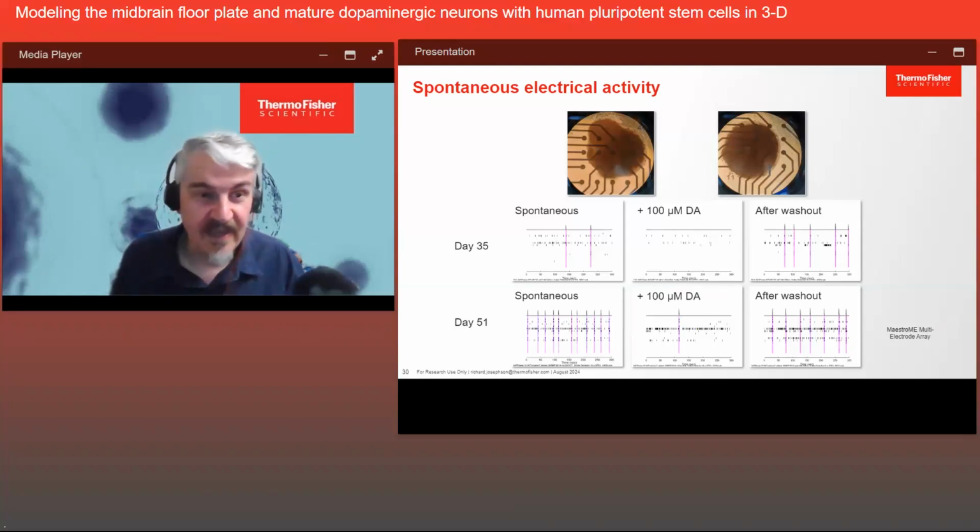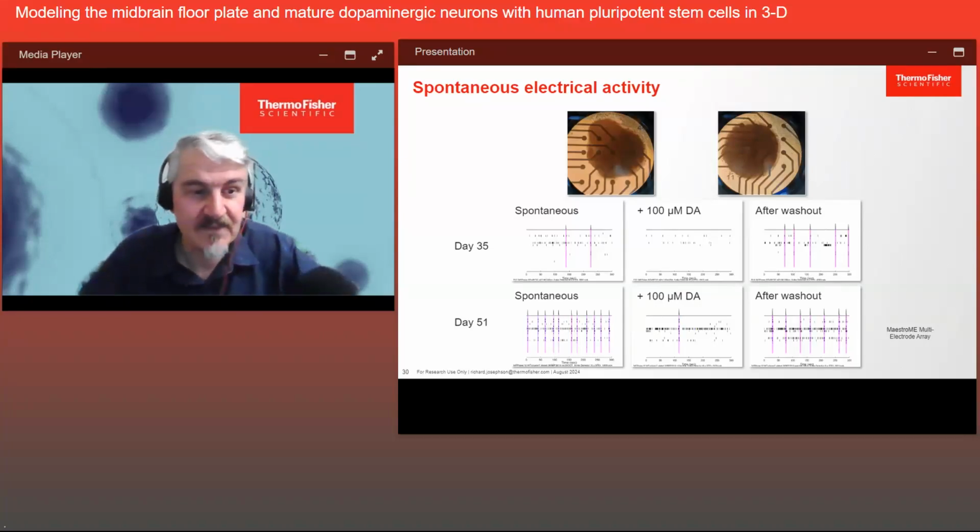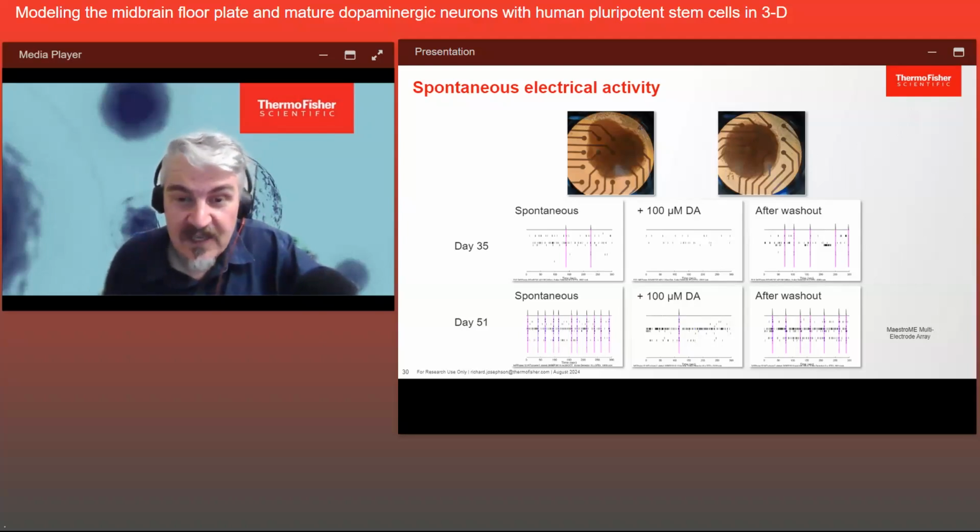Two weeks after that, at day 51, action potentials are much more frequent, and we get much greater coordination, simultaneous firing of action potentials across multiple electrodes marked by these vertical pink lines. The coordination between electrodes is silenced by adding excess dopamine to the medium.